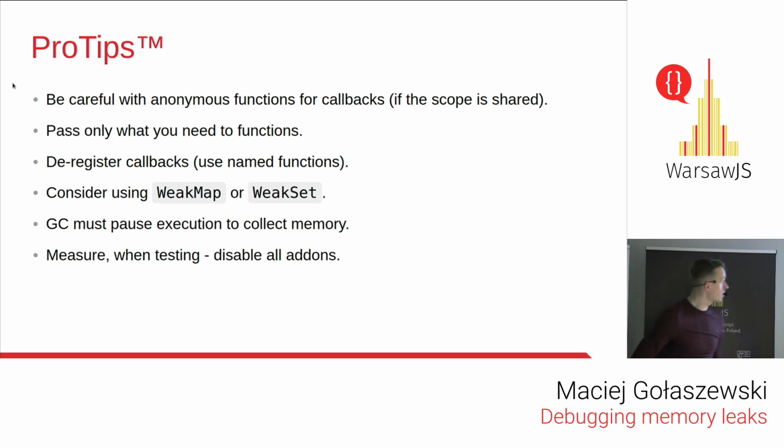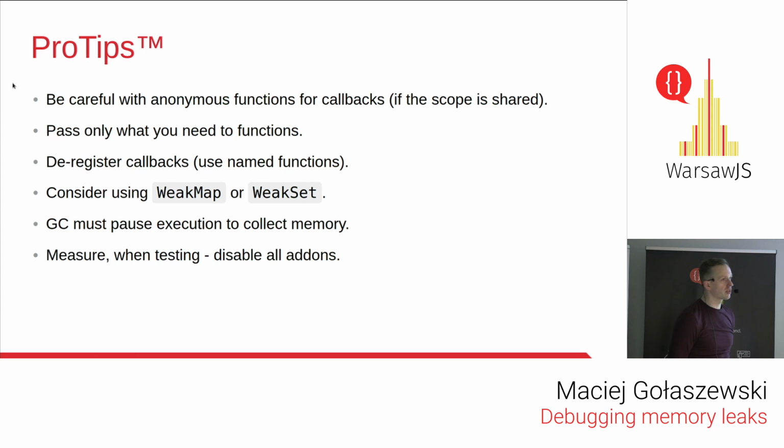Okay, so to sum up, to avoid memory leaks, you have to be careful with anonymous functions and callbacks, and what you are passing to the scope of the functions. Pass only those objects that are really needed. Don't pass big objects, pass only the values.